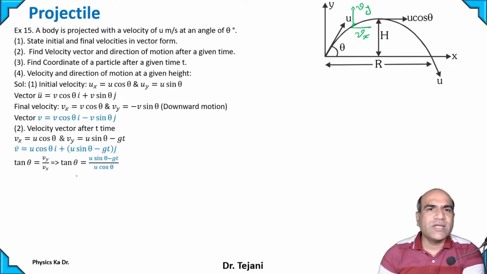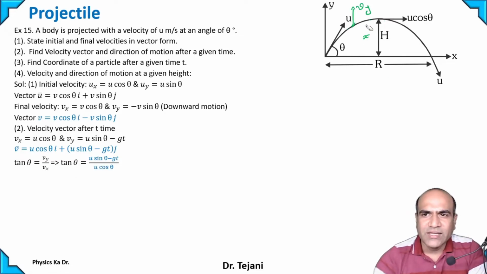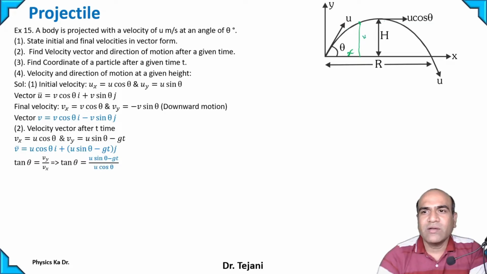Third, find the coordinates of a particle after a given time. The previous one was for velocity. Now we need the coordinates: what is the x position and what is the y position.